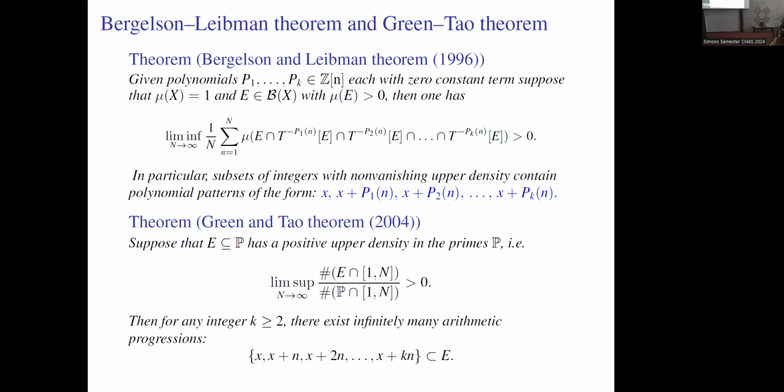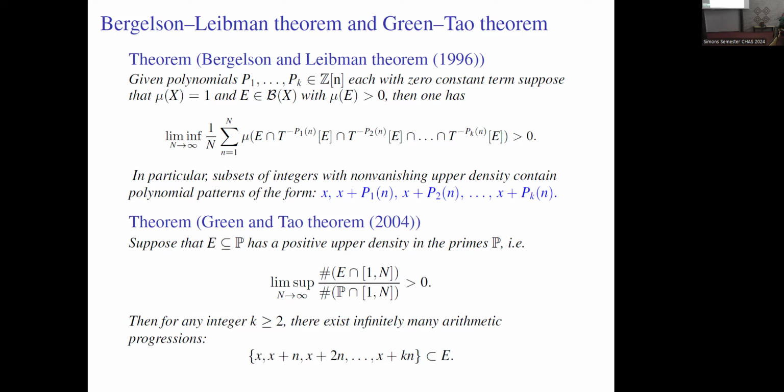But for our purposes, to get some sense of how important ergodic methods were, this is sufficient. On the other hand, these ergodic methods were combined with some higher order Fourier analysis, and were important also in the proof of Green and Tao from 2004, which is an analog of Szemerédi's theorem in the set of prime numbers.